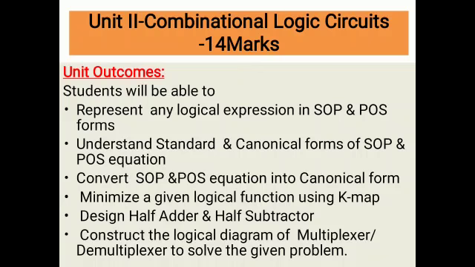You will understand the standard and canonical forms of SOP and POS, and convert equations into canonical form. You will be able to minimize a logic function using K-map and design a half adder, half subtractor, multiplexer and demultiplexer. These are all combinational logic circuits, and in this chapter we are going to see all these topics.